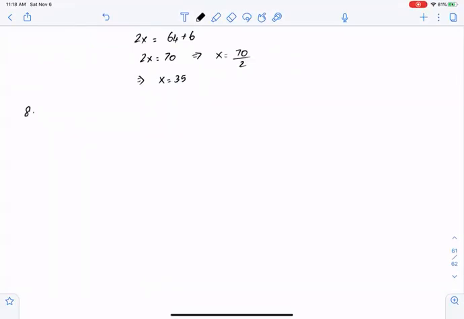Here is a slightly different type of problem. Requires a little bit of work, but doable. So I have x on the left-hand side, x on the right-hand side also. So I'm going to square on both sides like I always do.